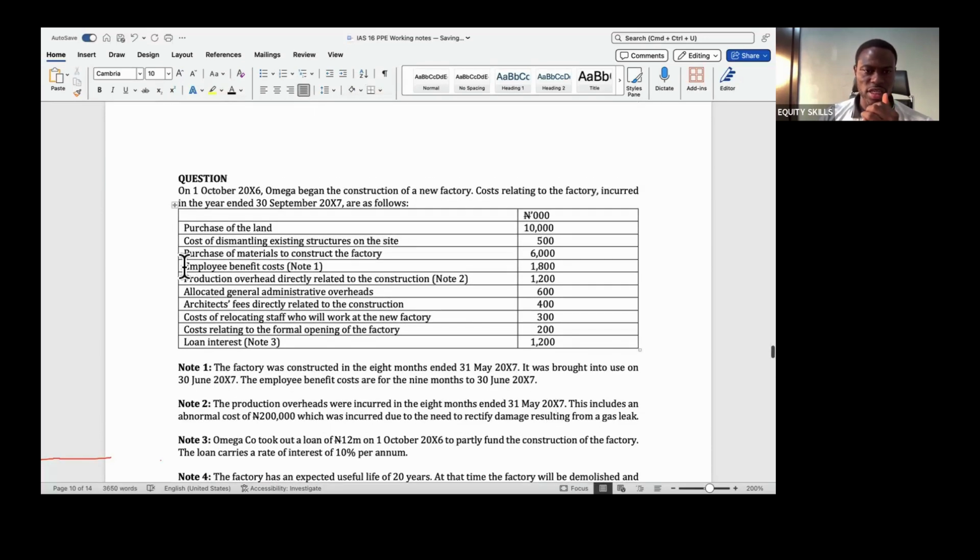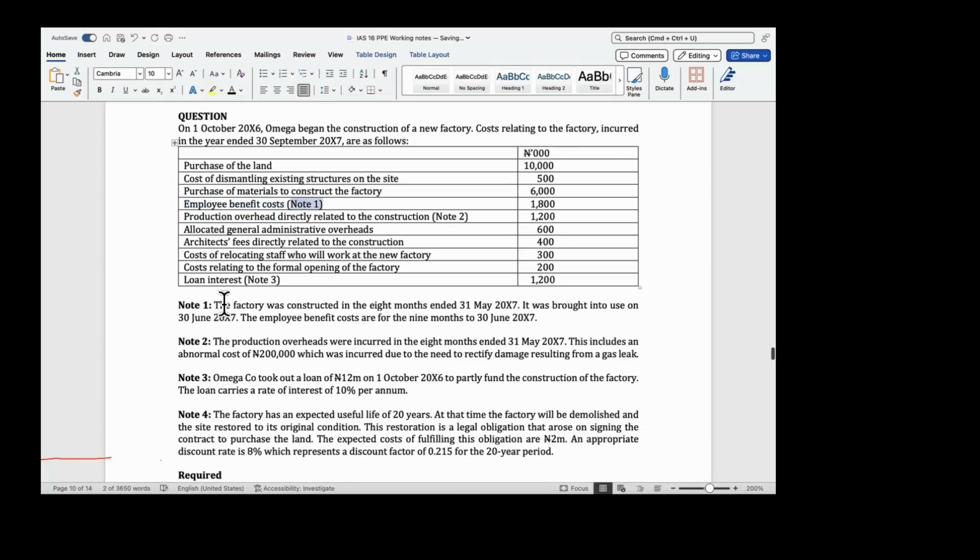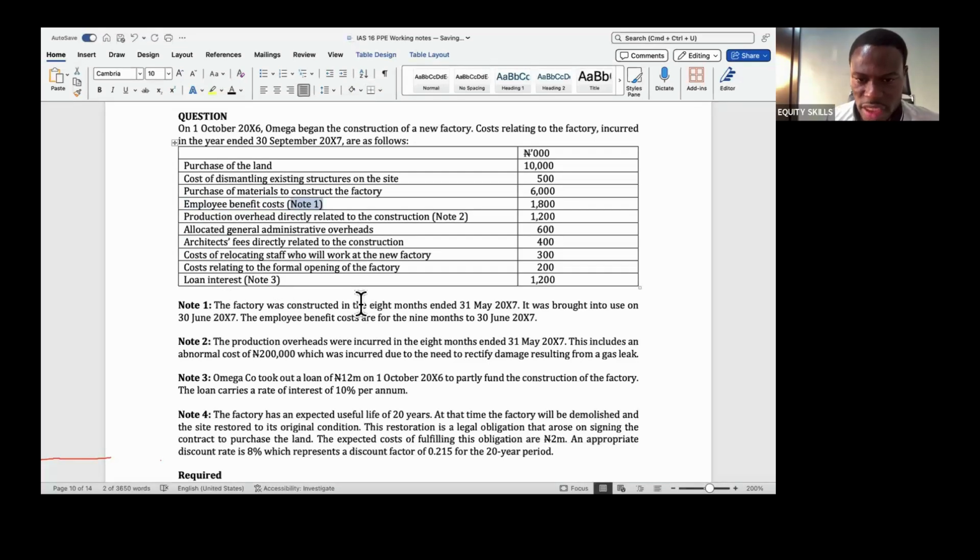The next one is employee benefit, but they said there's a note on that. So there's a note 1. What's note 1 talking about? It said the factory was constructed in the 8 months ended 31st May 2007. It was brought into use on 30th June 2007. The employee benefit costs are for 9 months to 30th June 2007.